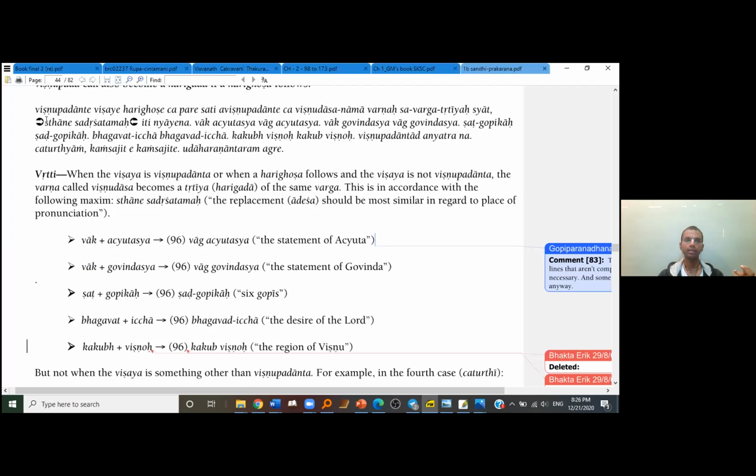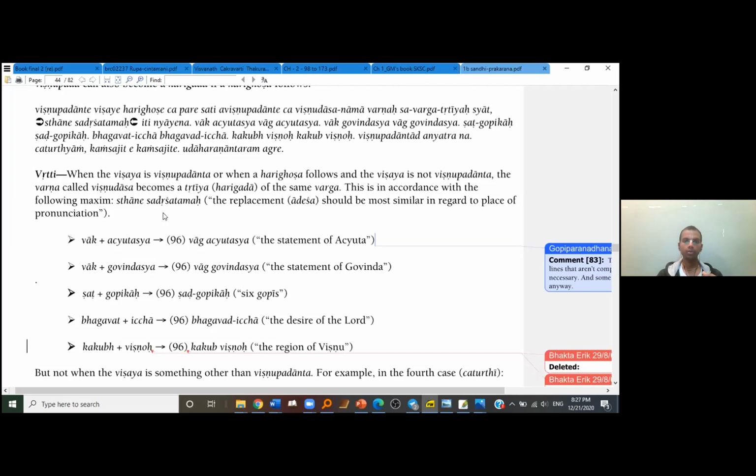And there is this nyaya, sthane sadrishatamaha. The replacement should be most similar in regard to place of pronunciation. In general, the sandhis facilitate the ease of pronunciation. The sandhis are done in a particular fashion, as we are doing, to ease the pronunciation so that the words can be pronounced easily.